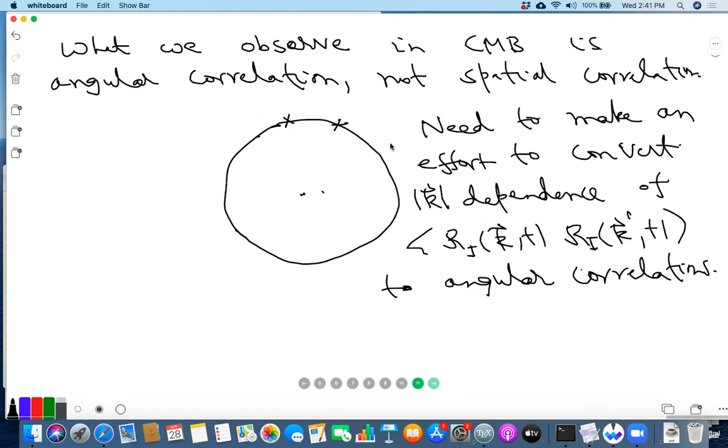And the idea is that knowing this, you should be able to figure out the distribution in the L space, but it will require some effort to make this translation: how to go from here, which you know how to calculate, to here, which you know how to measure. So that will be one more thing we have to do.